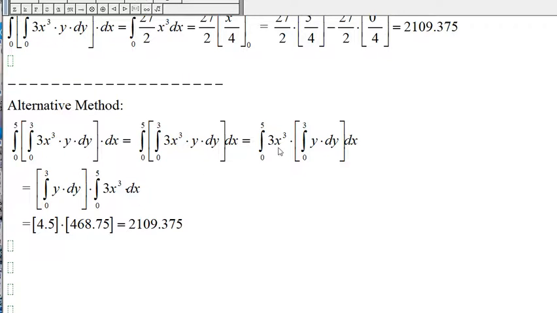And now look at the outside integral. The outside integral is with respect to x. This integral here, there's no x, so we could think of it as a multiplication constant with respect to the outside integral, so we can move it outside.